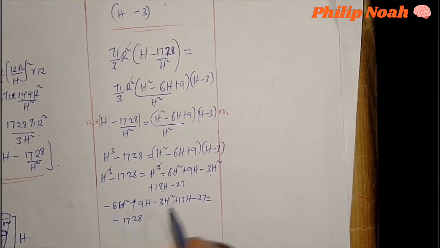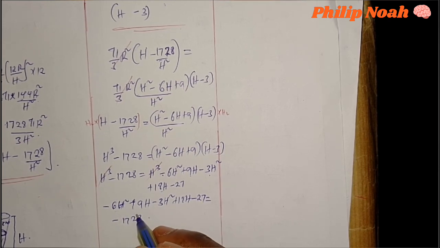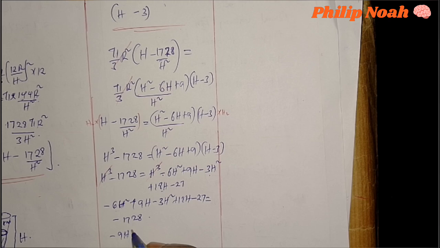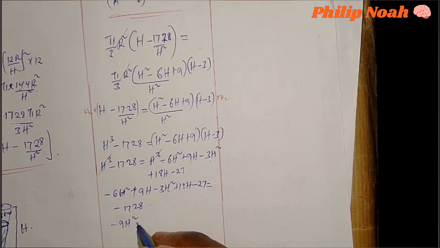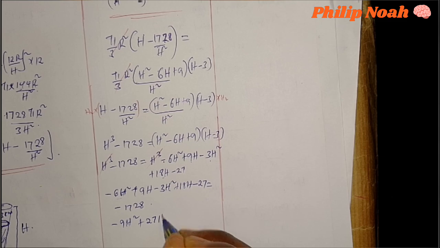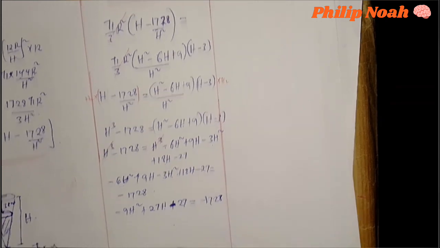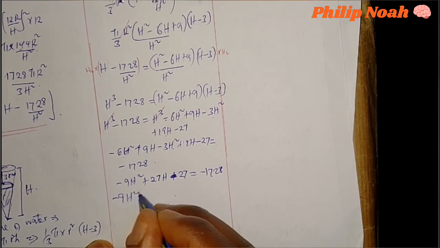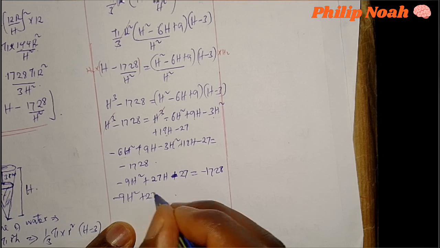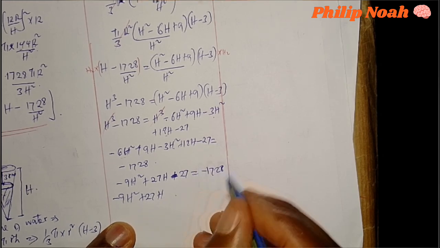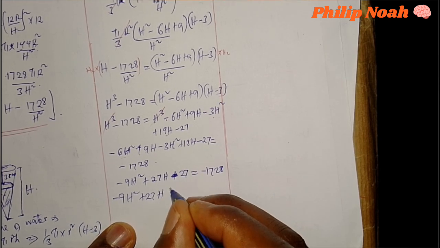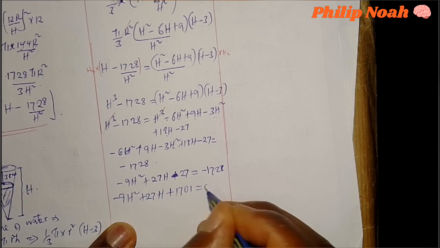We collect like terms, and this becomes negative 9h squared plus 27h minus 27 is equal to negative 1728. This is negative 9h squared plus 27h plus 1701 is equal to 0.